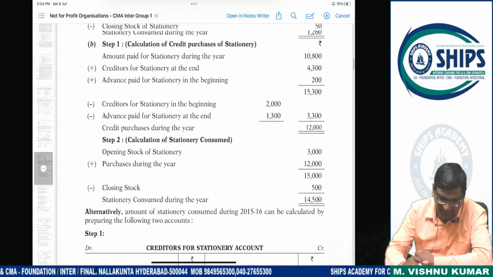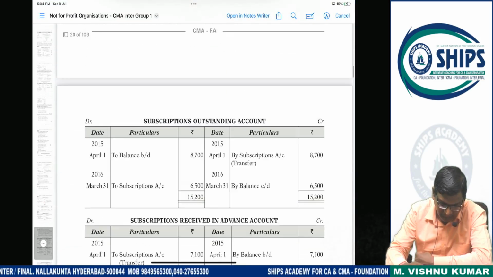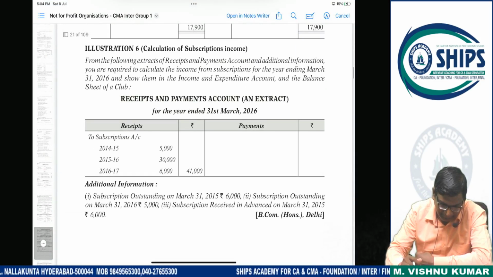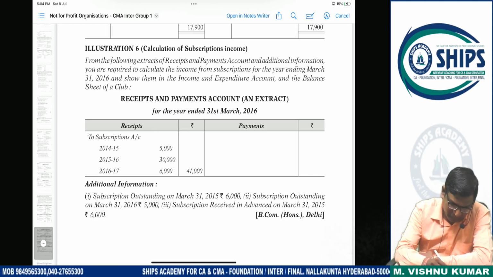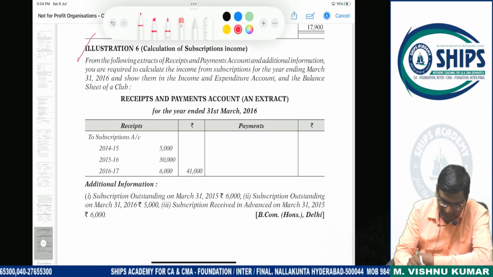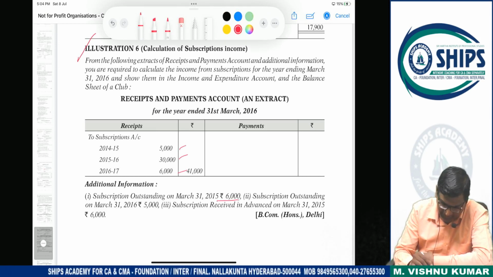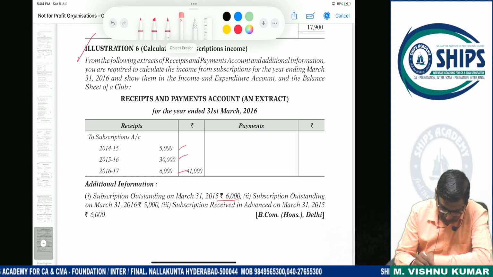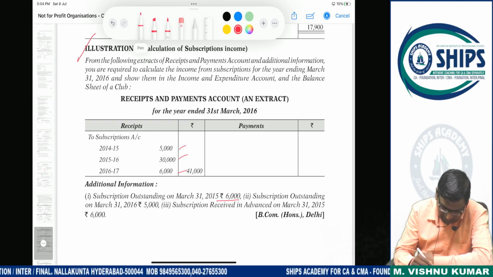Now there is no time to solve questions, but still I will show you one example. Look at the subscription. This is a receipts and payments account extract. Subscription previous year, current year, next year. Subscription outstanding 6,000. Subscription outstanding 5,000 relating to 16. So this is previous year, this is current year.